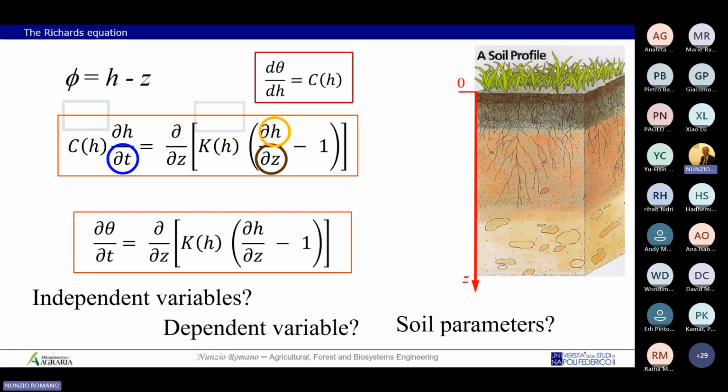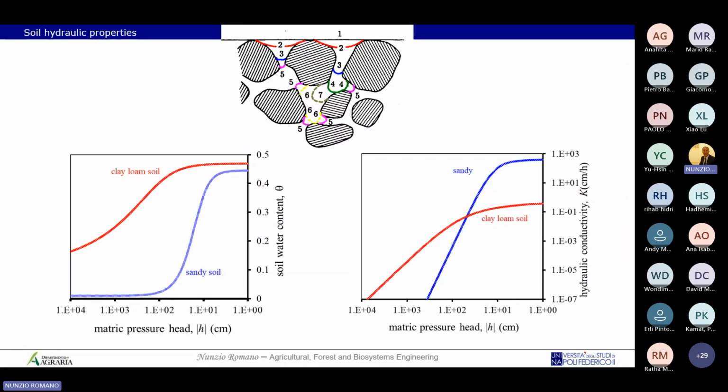And as you can see, the two boxes, the green box and the other box, delimit the two soil parameters that we call the soil hydraulic properties.